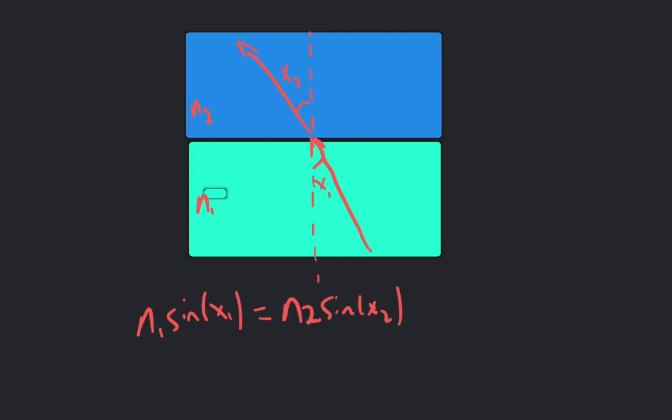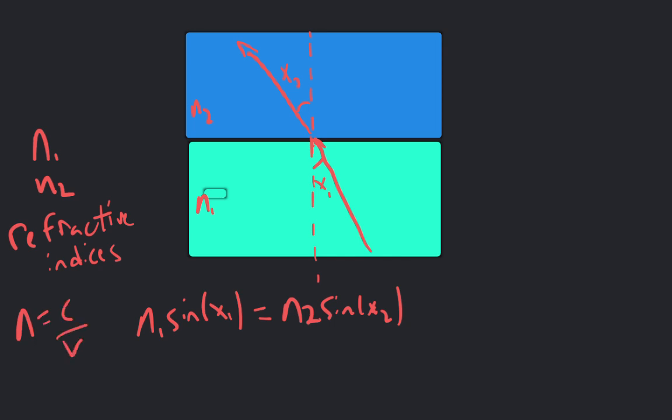And the n1 and n2, these are the index of refraction or refractive indices. This refractive index has its own value. It is defined as the speed of light, c, divided by how fast it's moving through the medium.